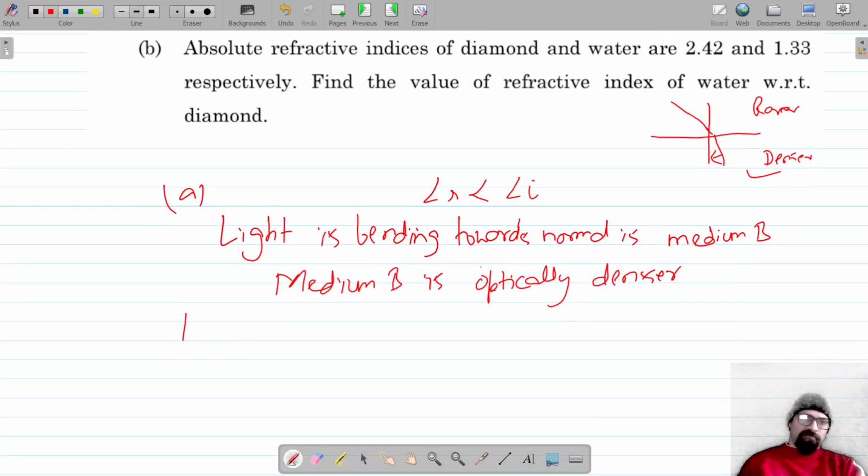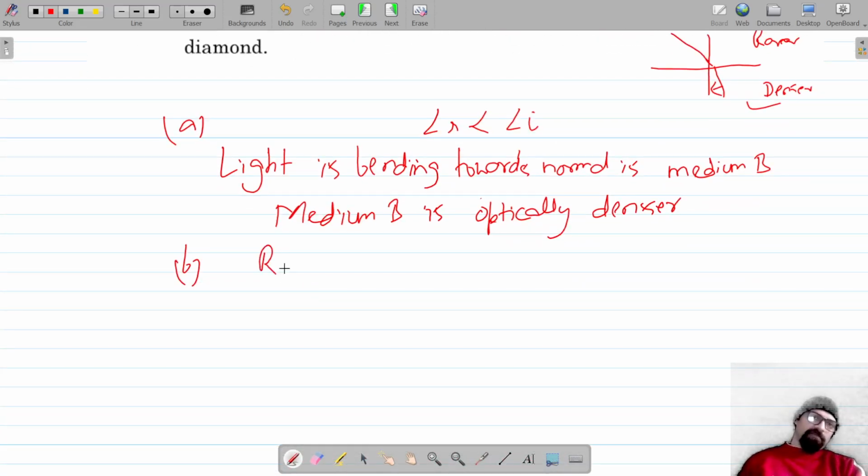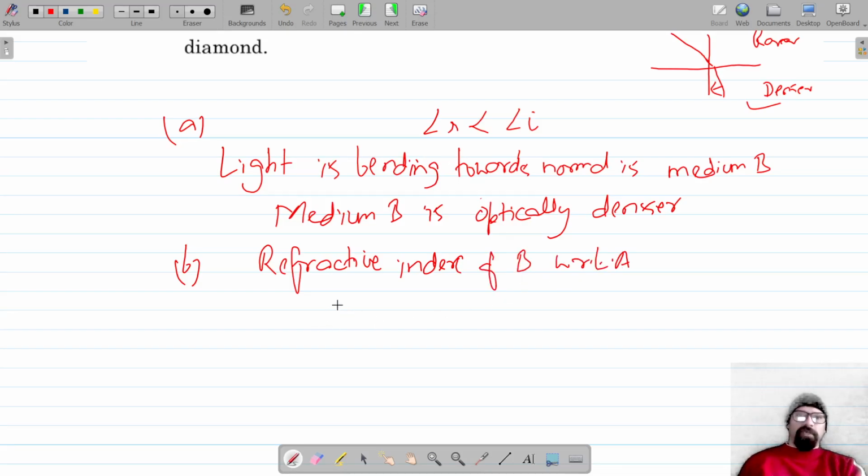It is written as n_BA, or in some books mu, the refractive index of B with respect to A, and it is given by the speed of light in medium A divided by the speed of light in medium B. This is the refractive index of B with respect to medium A.